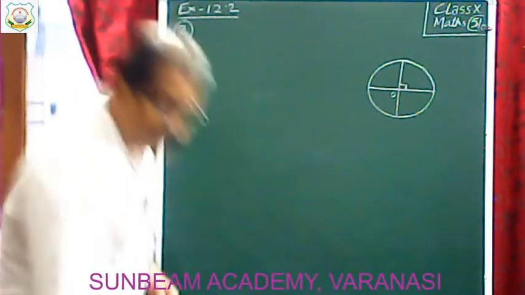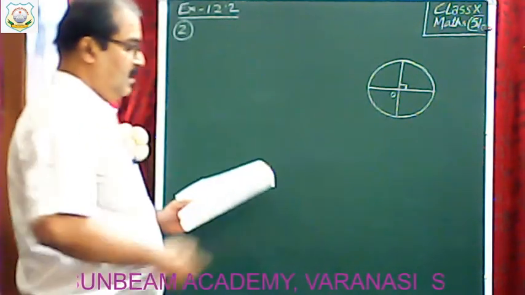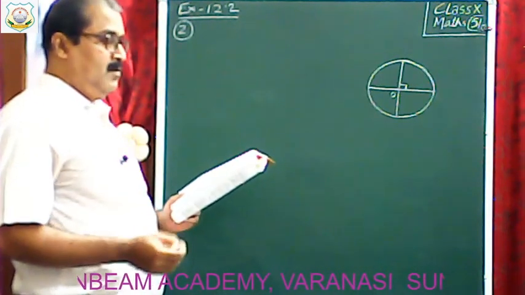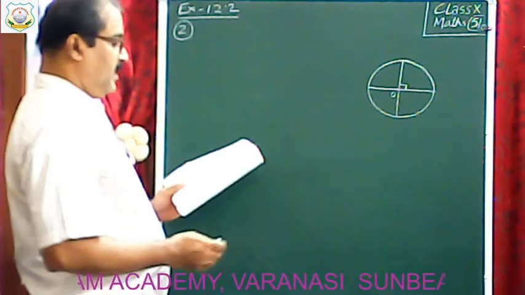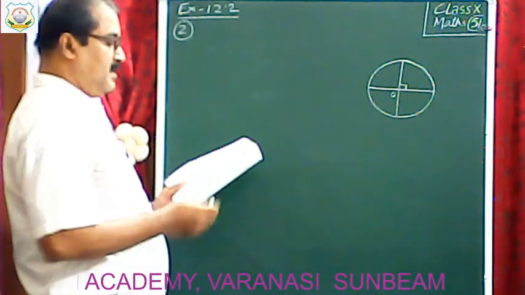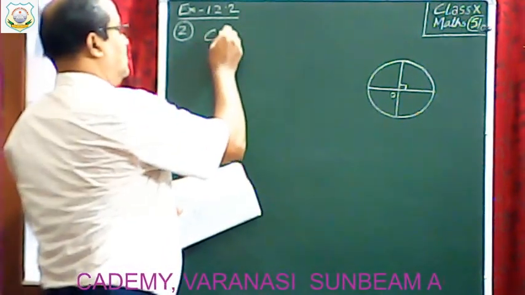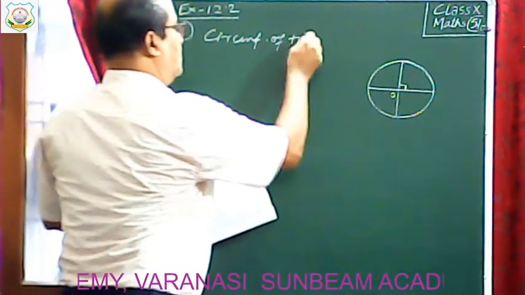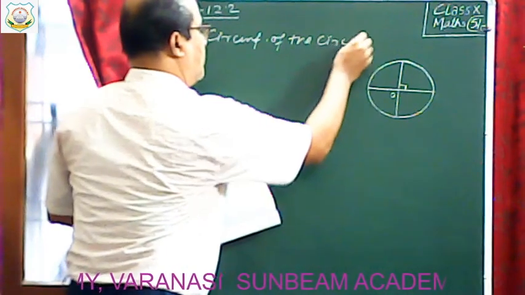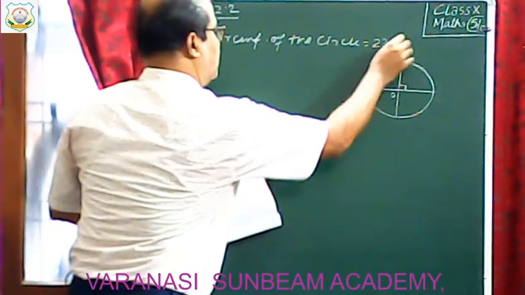So what do we have? Find the area of a quadrant of a circle whose circumference is 22 centimeter. Circumference of the circle is given, 22 centimeter.